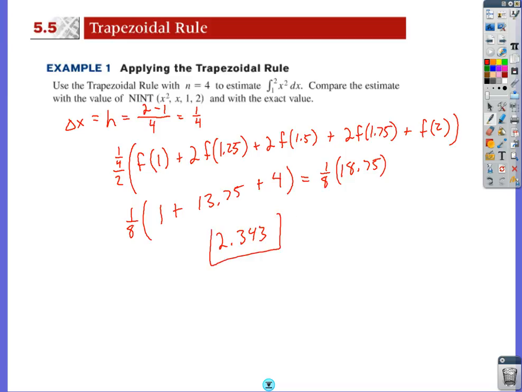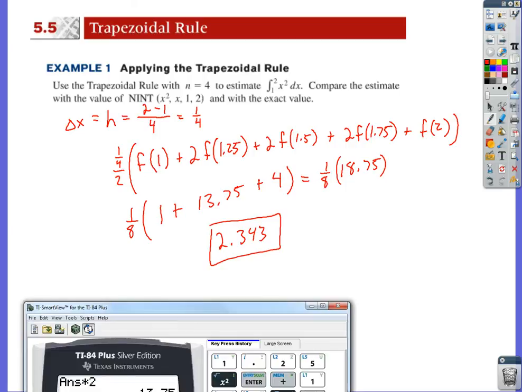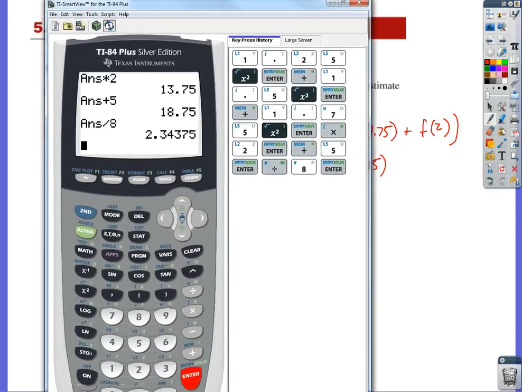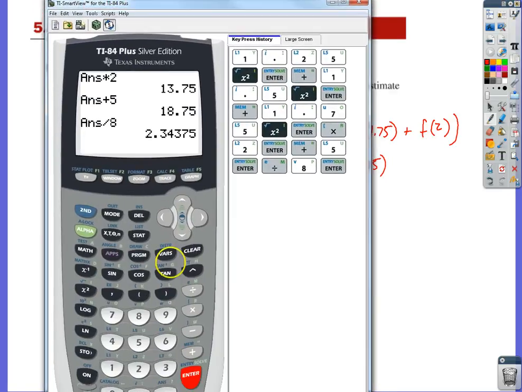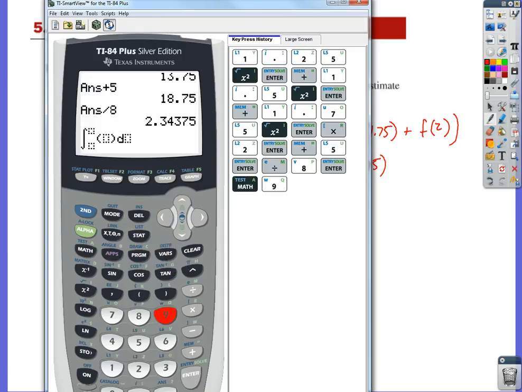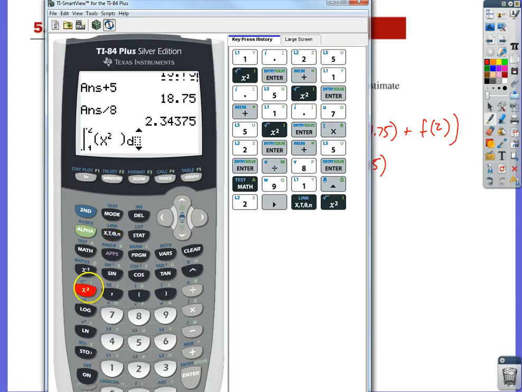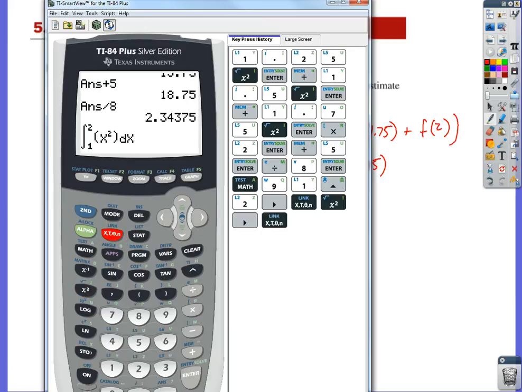Okay, and let's go ahead and do that on a calculator. I told you we were going to do it by hand, but it would just be easier by calculator. All right, so here we go. Math 9, and it's going to be the integral from 1 to 2 of x squared dx.